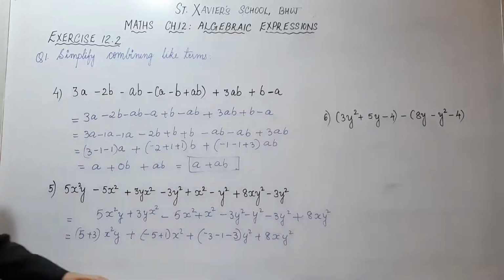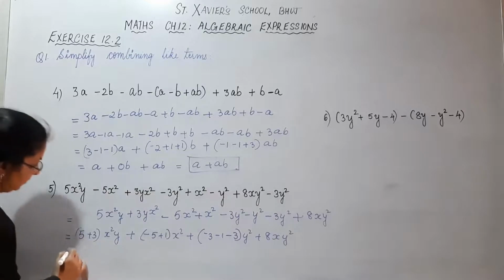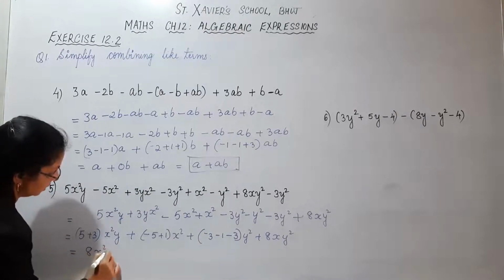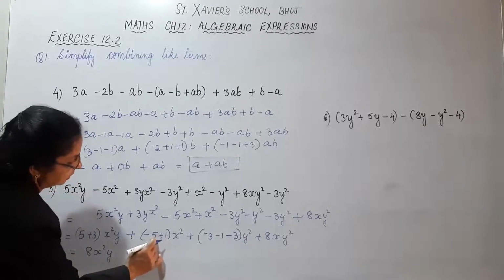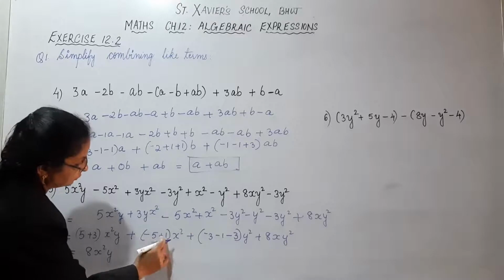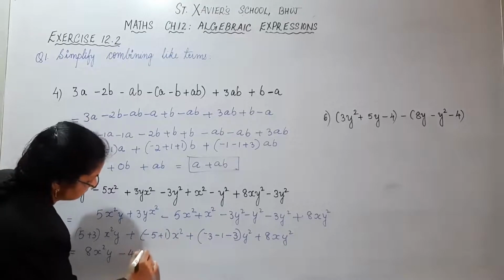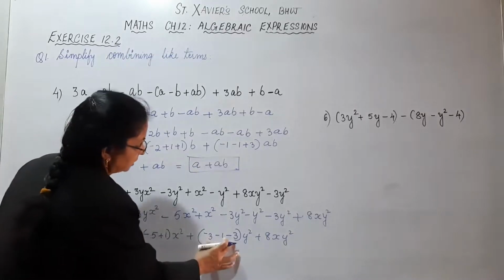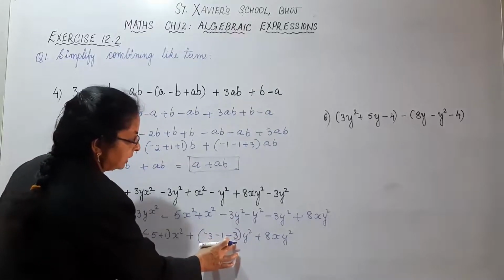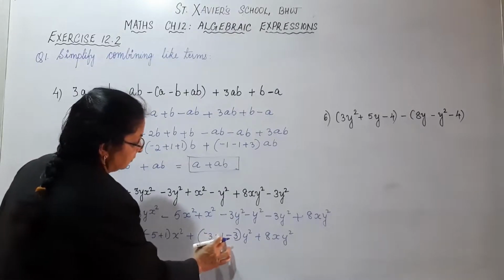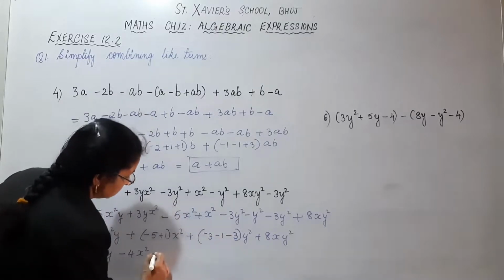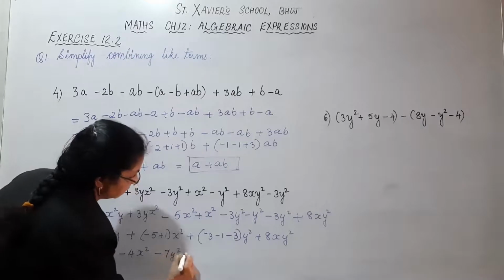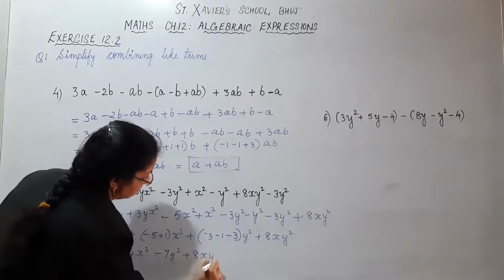Check whether you understood all the terms. 5 plus 3 is 8x square y. Minus 5 plus 1 is minus 4x square. All the three terms are negative, so we add and put a negative sign. 3 plus 1 is 4, 4 plus 3 is 7, that is minus 7y square plus 8xy square.